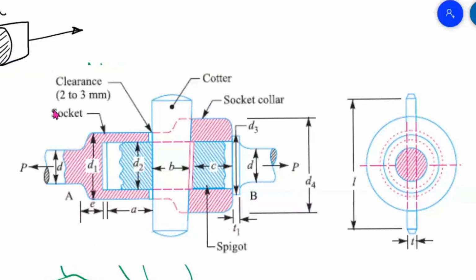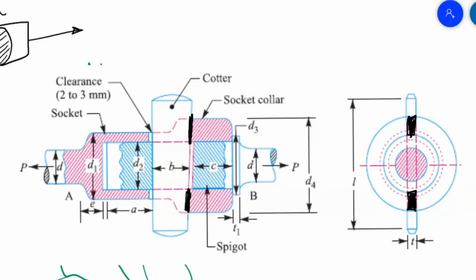See, this area of socket collar and this area of socket collar is in contact with the cotter. So if I show it to you in this view, it will be from here, यहाँ से लेके यहाँ तक. And in this view here, if I want to show you, it's like this. So this is the area of socket collar or cotter.